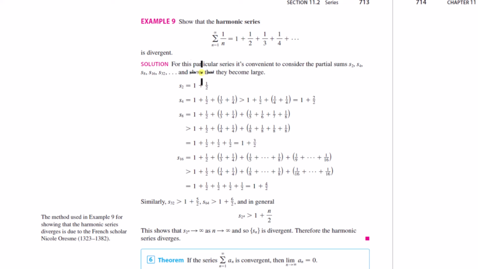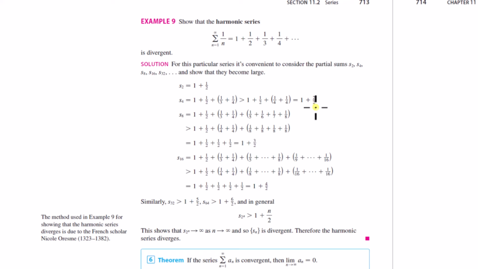Okay, so it says for this particular series, it's convenient to consider the partial sums S2, S4, S8, S16, S32. So that's like 2 to the first, 2 to the second, 2 to the third, and show that they become large. So S2 is 1 plus 1/2. S4 is 1 plus 1/2 plus 1/3 plus 1/4, which is greater than 1 plus 1/2 plus 1/4 plus 1/4, because 1/4 is smaller than 1/3.